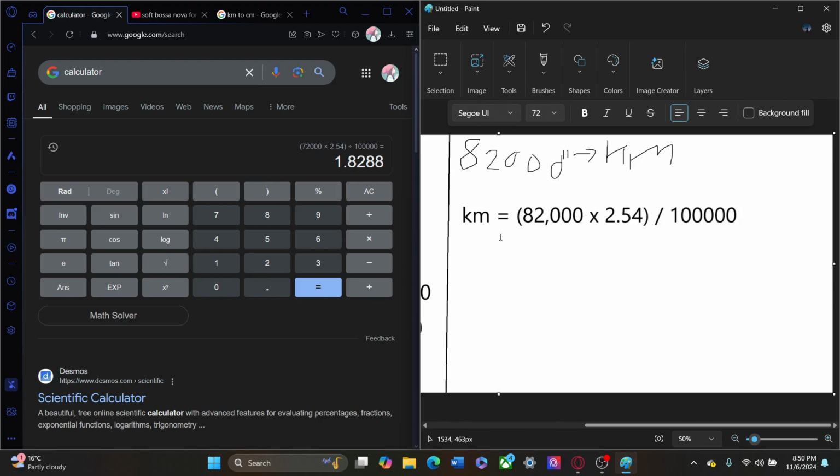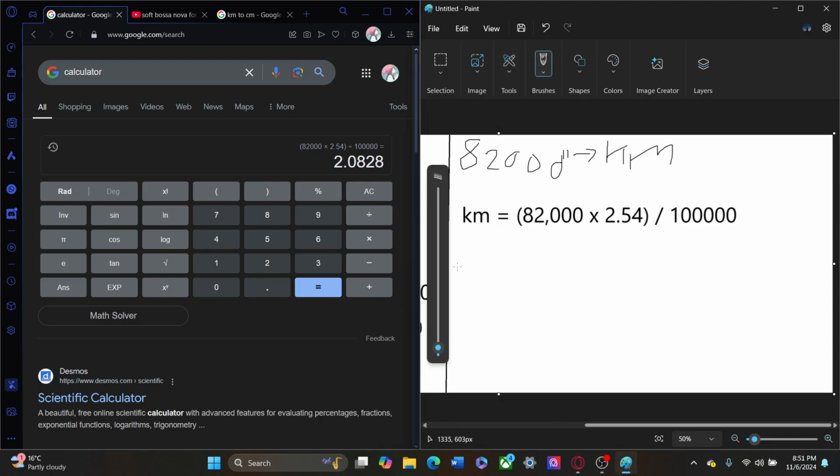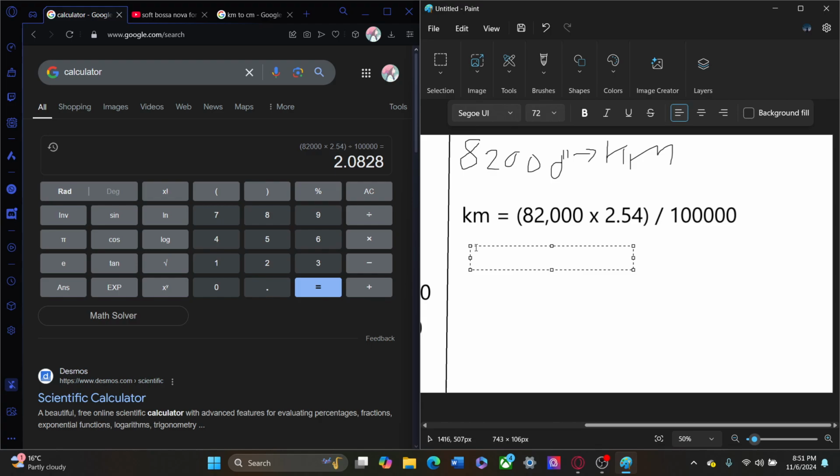Okay, so we know this. Now, all we gotta do is plug that in and we'll get our answer. Boom, there's our answer. 2.0828 kilometers. Okay.